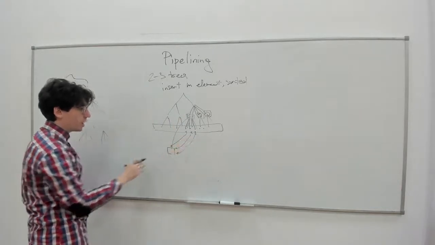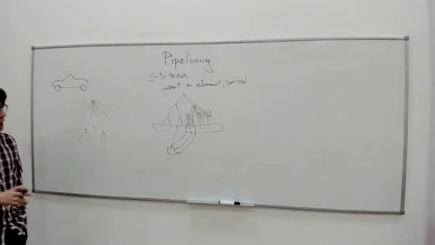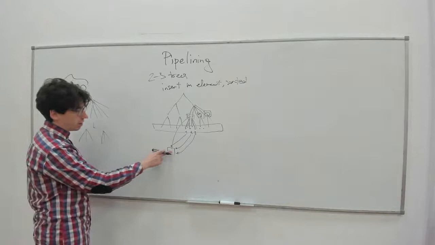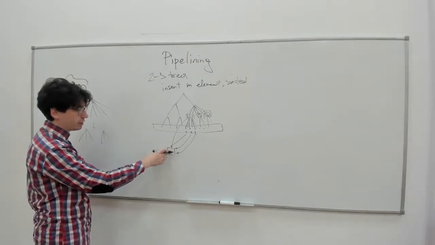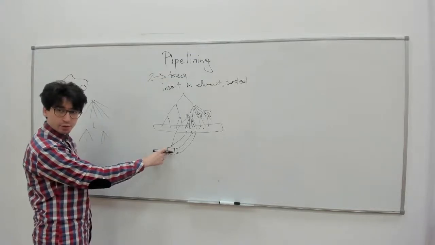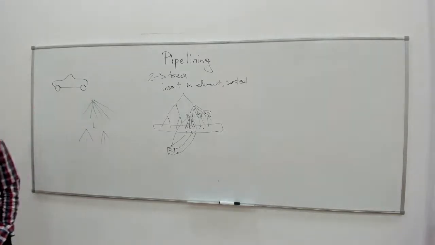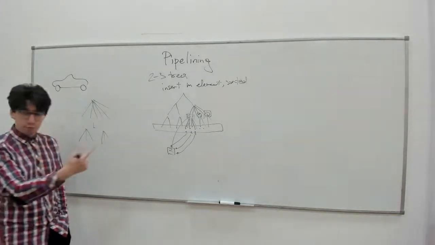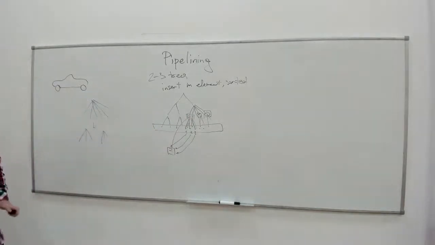Each says, I will win this time, and in parallel they try to write their identifier here. Only one will succeed. Then this guy will perform the sequential split of the elements, the restructure. And the other threads do nothing.